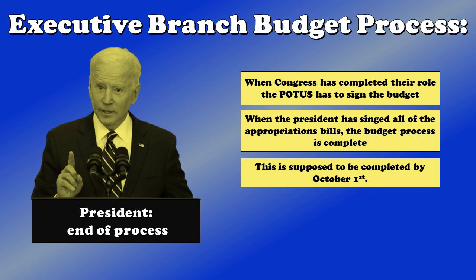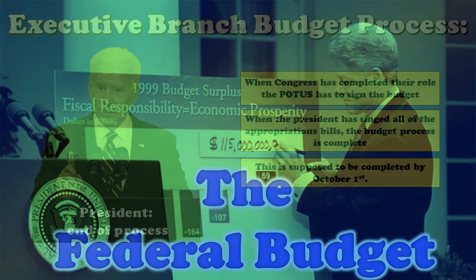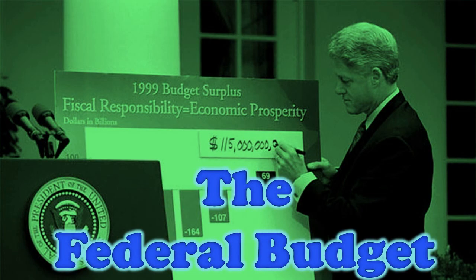And then when the president has signed all of the bills, the budget and all the spending bills, this budget process is complete. Now, this is supposed to be a process that starts every year in February and ends every year in October. We'll get to all that stuff later, but that's kind of how this works. That's how president and Congress agree to a year-long budget. So that's the president's side of things. Let's go over to the legislative branch and take a look at all the ways that they influence the budget.